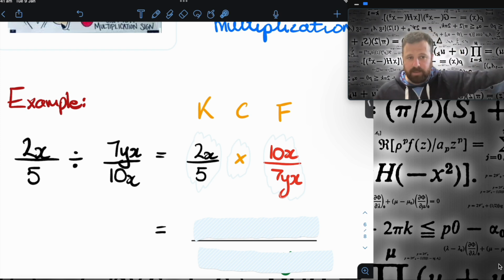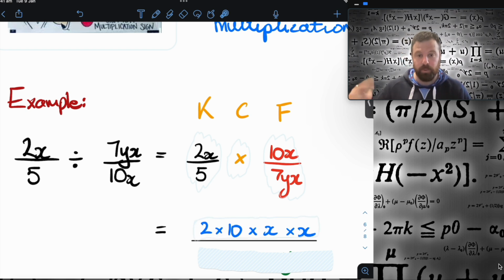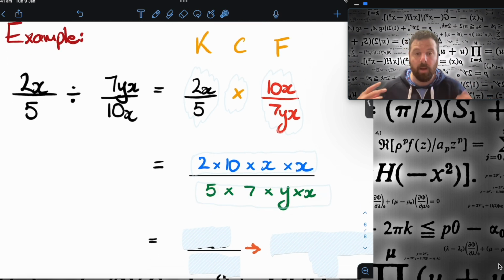We now forget about dividing and jump straight into, well, how did I multiply these fractions? Remembering, when multiplying fractions, we multiplied numerator with numerator. So we do 2 times 10, and then we multiply the x's together. After we multiplied the numerators, we multiplied the denominators: 5 times 7 times y times x.